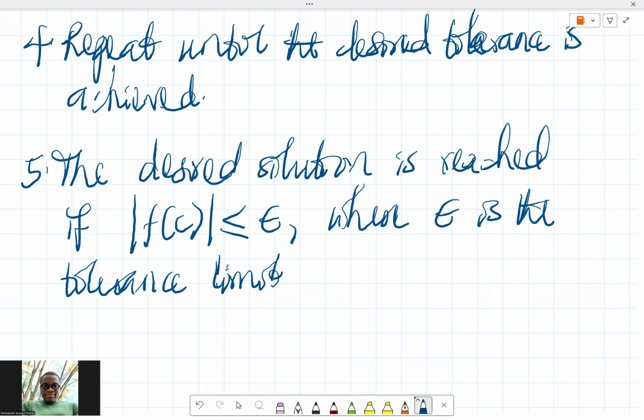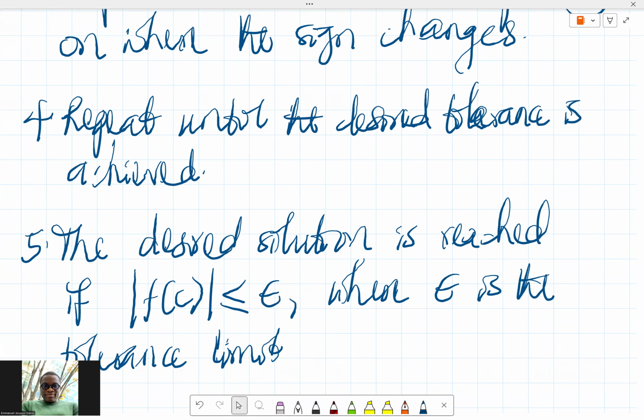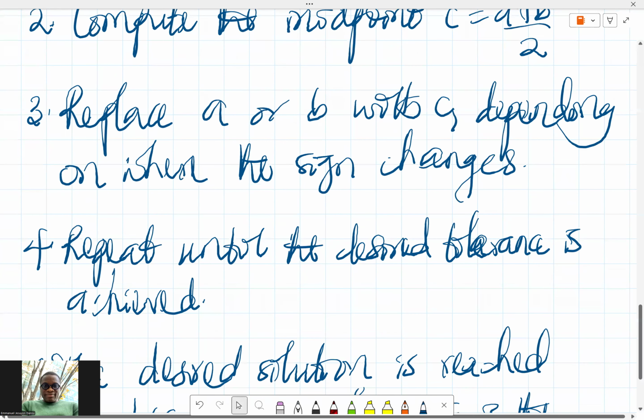In this case, whatever C gives you that condition will be the solution. Okay, so let's take an example to drive home this point.